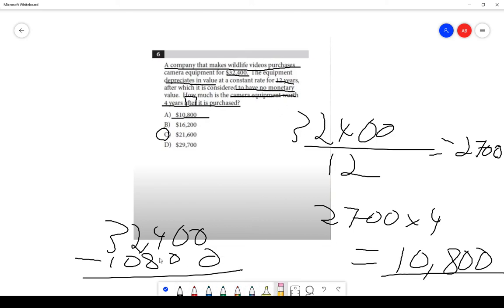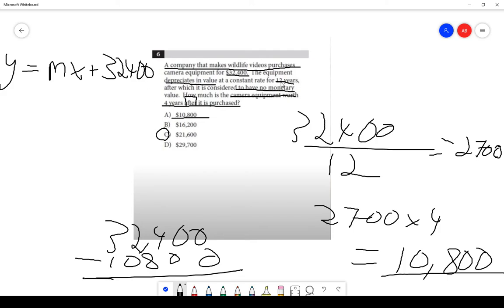And to make sure that you guys understand this better, let's put this in y equals mx plus b form. So right now we don't know what the slope is, right? Because it's not given in the equation. However, we do know the constant, and the constant is the initial price, which is 32,400.